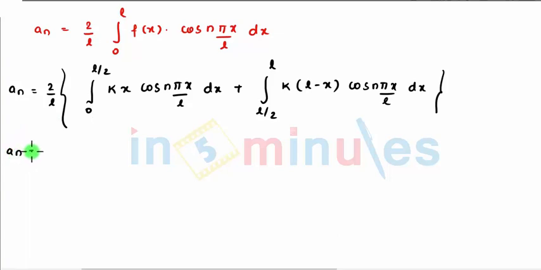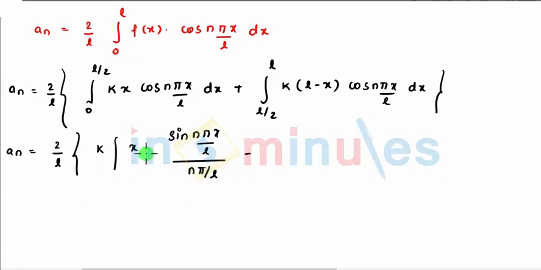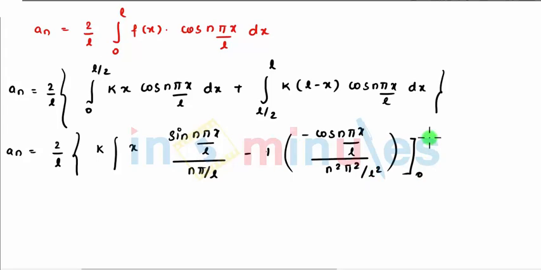So I start with an, 2 by l, and this comes to be k constant outside, x sine of n pi x divided by l, this whole gets divided by n pi by l, minus the differentiation of x is 1, integration of sin is minus cos n pi x divided by l, the whole gets divided by n square pi square divided by l square, where limits are from 0 to l by 2, and further I can write plus k.